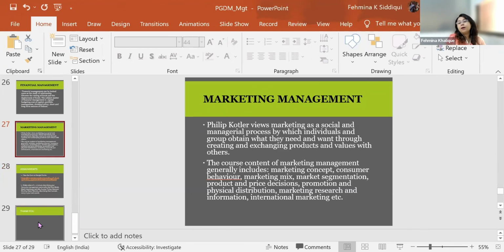So this was all about the functions of management that we did today: planning, organizing, staffing, directing, and controlling. And next we did functional areas of management, and we discussed 4 major functional areas, which are human resource management, marketing management, finance management, and production management.